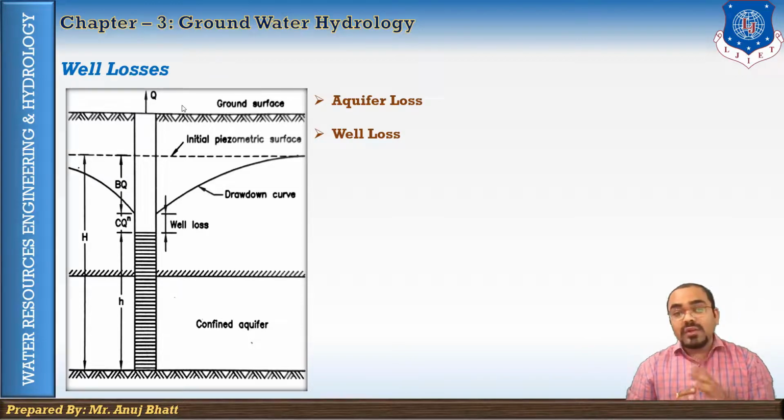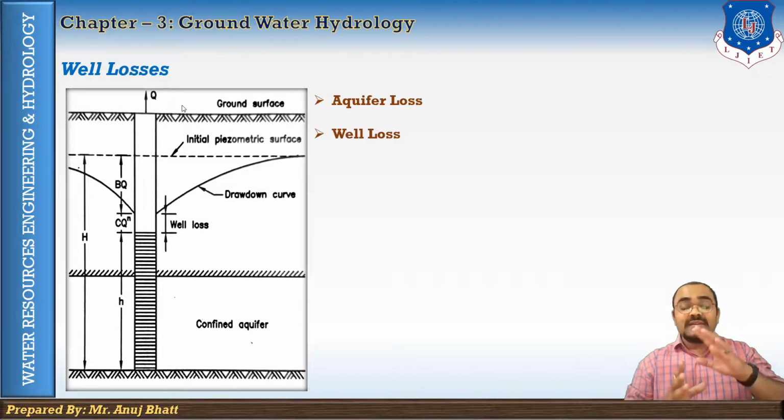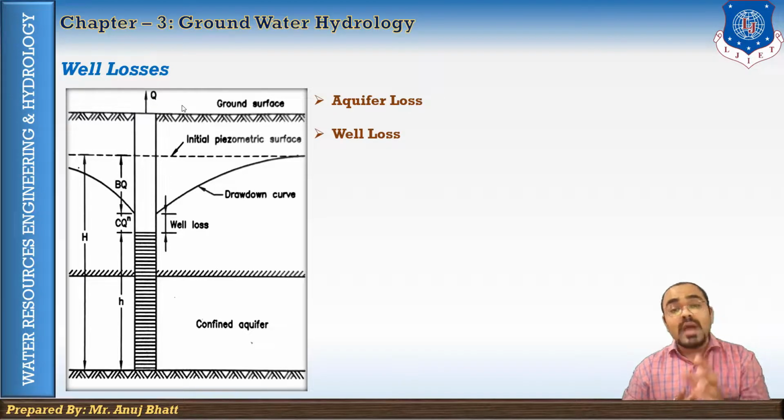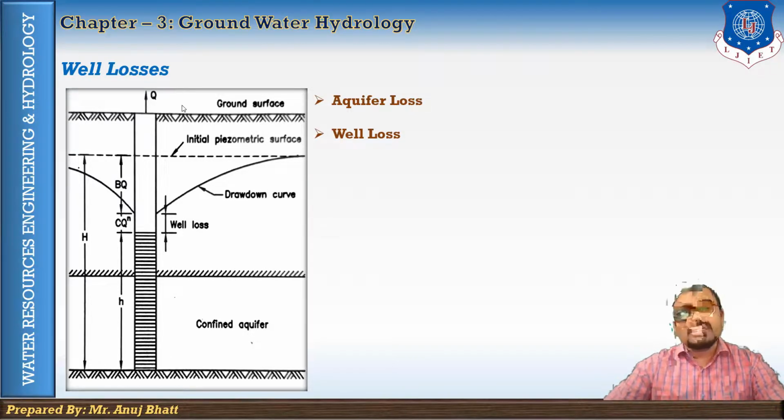Thus, when the water is pumped out of a well, the total drawdown includes not only the logarithmic drawdown that we discussed in previous lectures, but also the drawdown caused by the flow through the well screen and the axial movement within the well. This is generally known as the well loss.